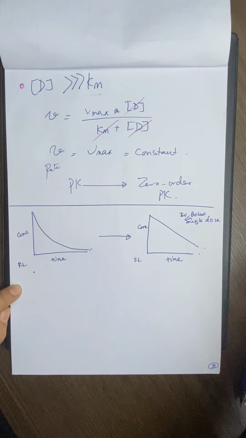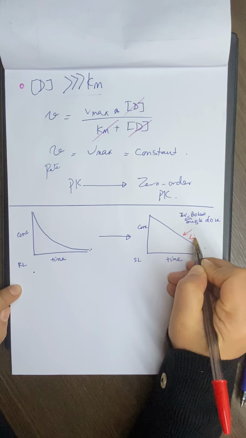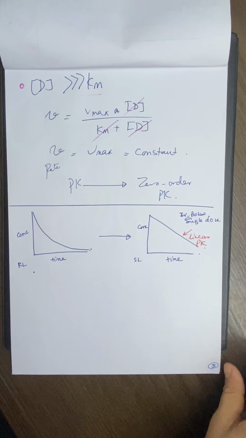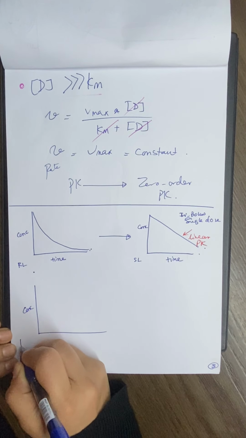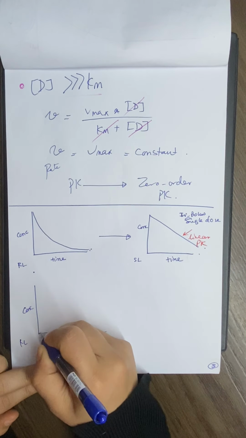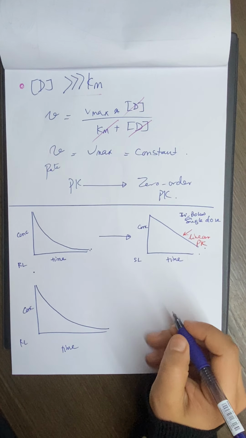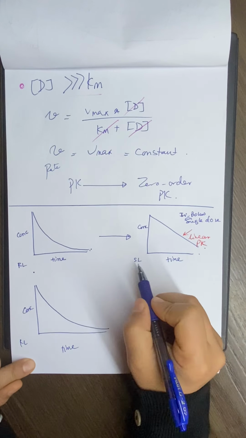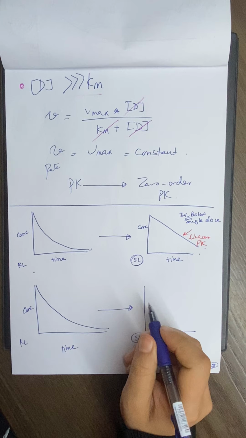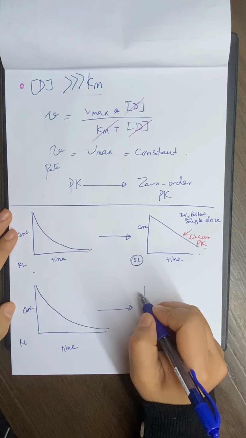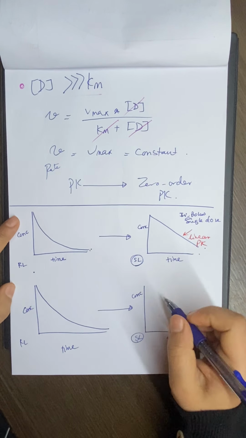So by default, we said that this will be linear kinetics. And same thing, by the way, whether we are talking about semilog or ln or log, same kind of thing. Any transformation will result in a similar kind of thing.